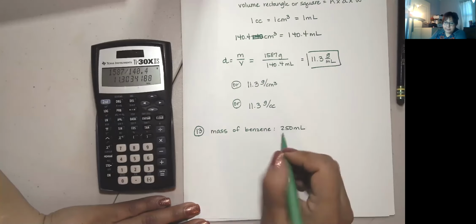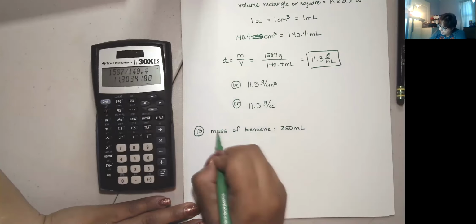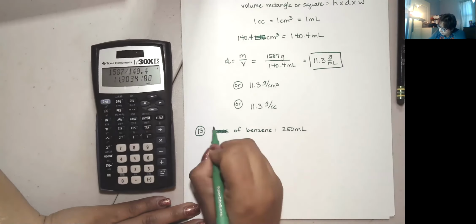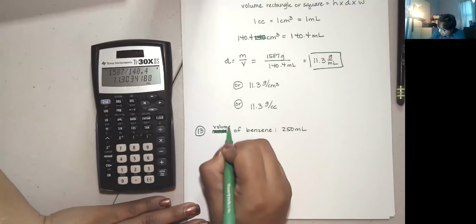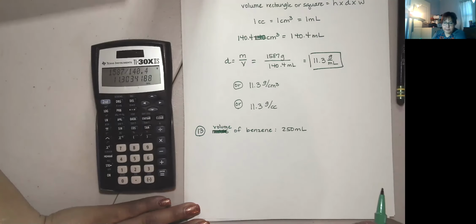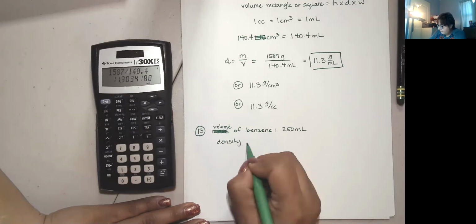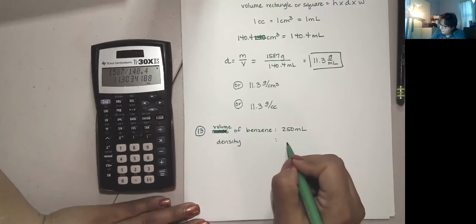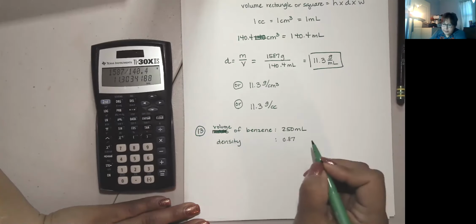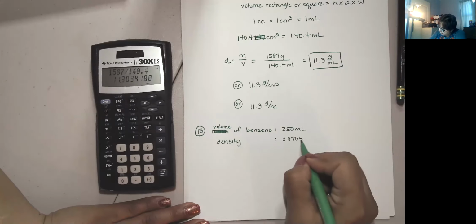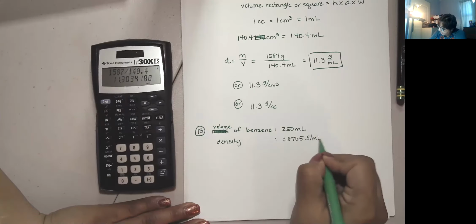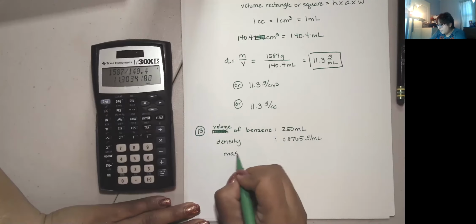Then they give us, oh no, this is the volume. I'm sorry, the volume of benzene is 250 mils. And they give us the density of benzene at 0.8765 grams per ml. And they want to know what is the mass.